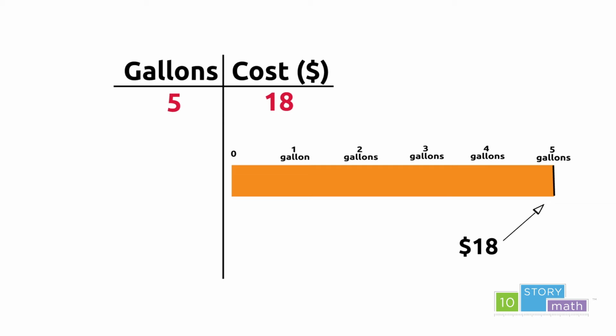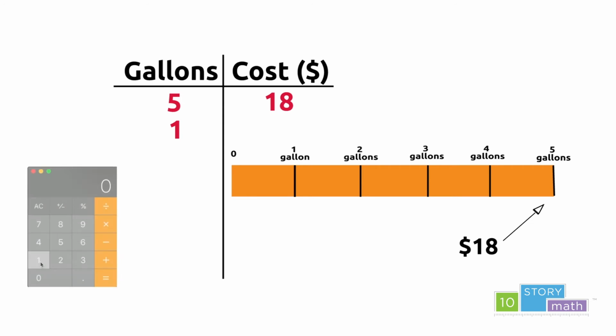So let's use a number that will. Can we figure out how much 1 gallon of gas will cost? We can divide the cost of 5 gallons, $18, up into 5 equal parts to find the cost of each gallon. For this, I recommend using a calculator. 18 divided by 5 equals 3.6.